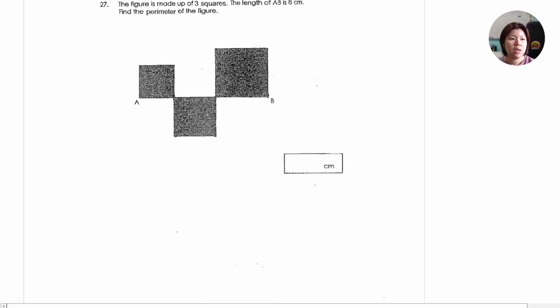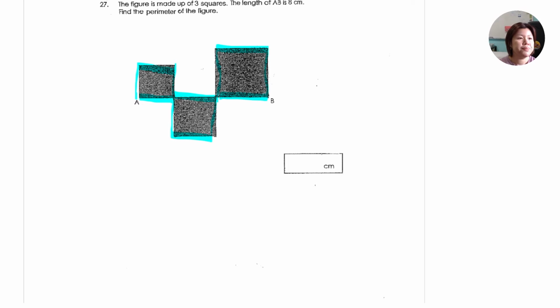Okay, next question. The figure here shows 3 squares. Length of AB, means from here to here, is 8 cm. I want to find a perimeter. So perimeter is actually the outer line of the square. So there's a trick to it.